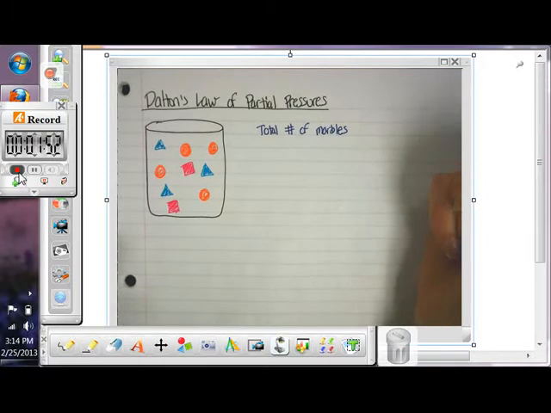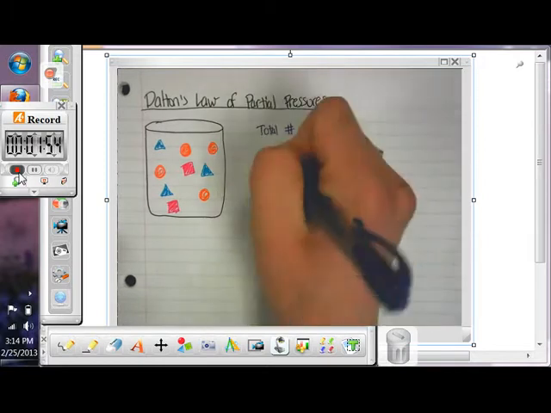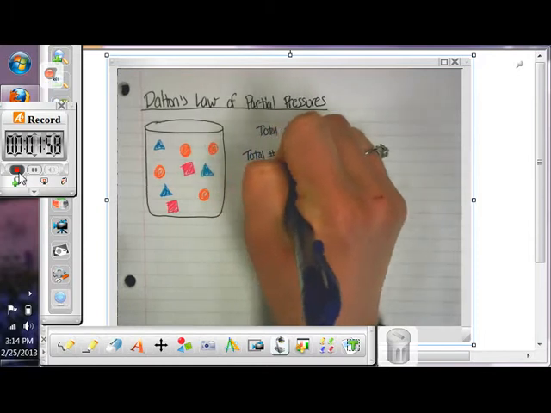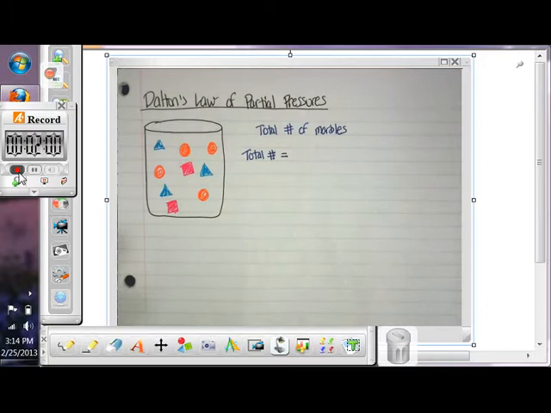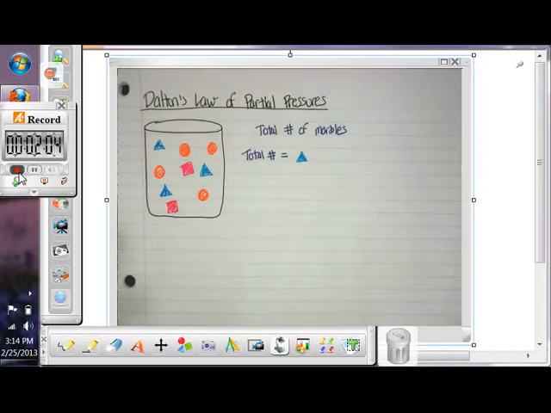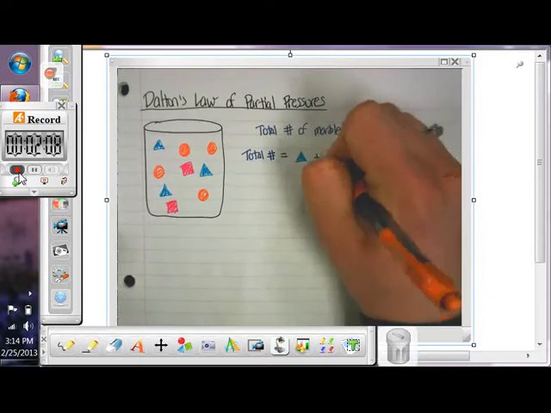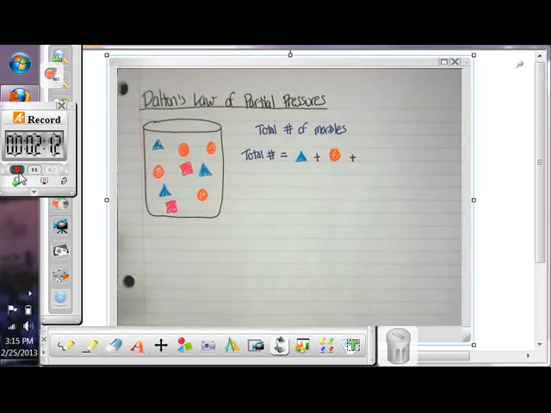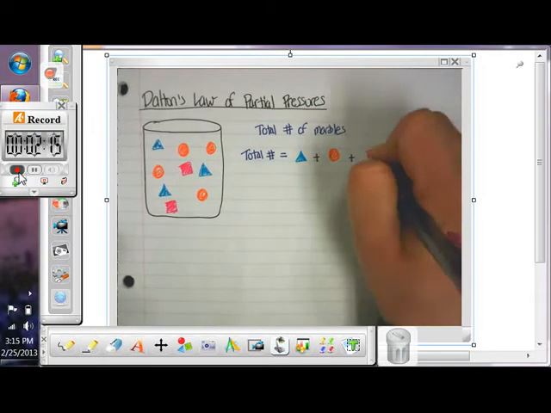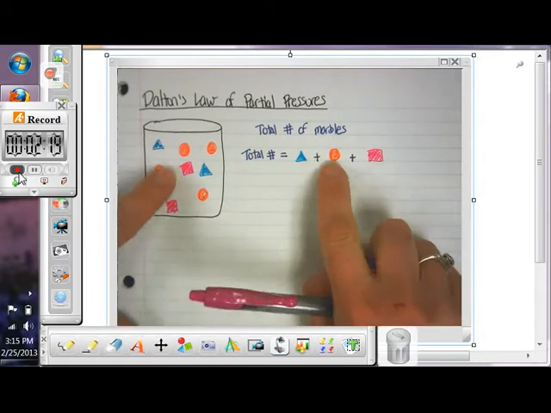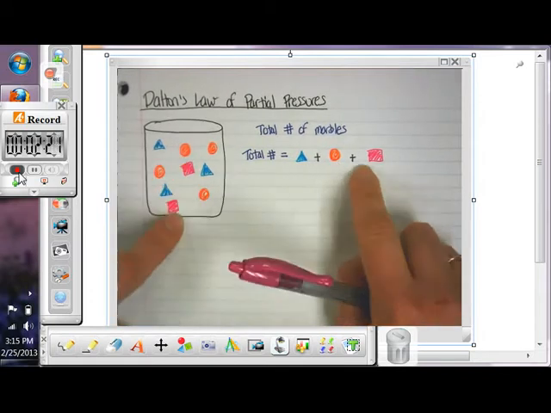So the total number of marbles is going to equal the triangles plus the number of circles plus the number of squares. Right? Because triangles, circles, and squares are what is in the jar.